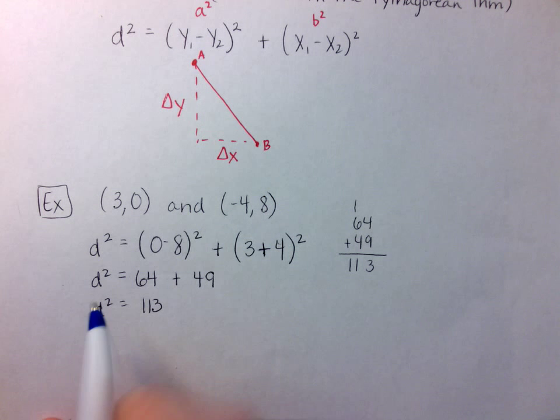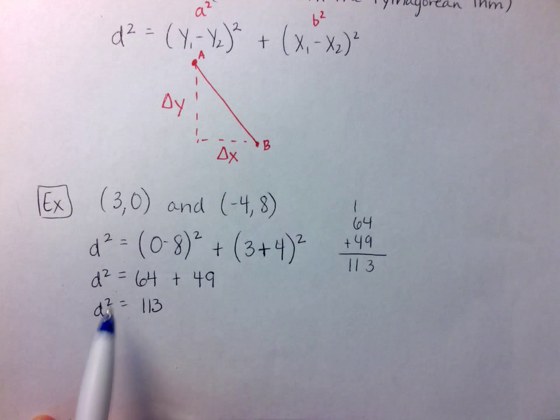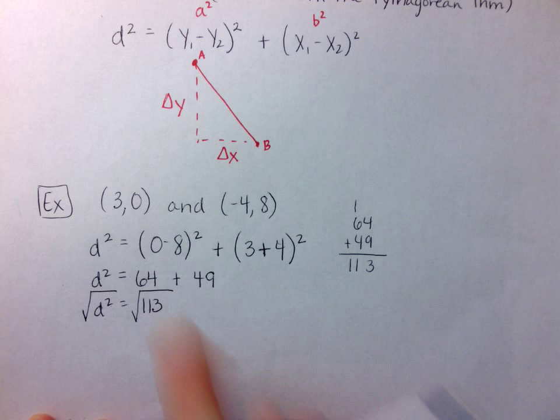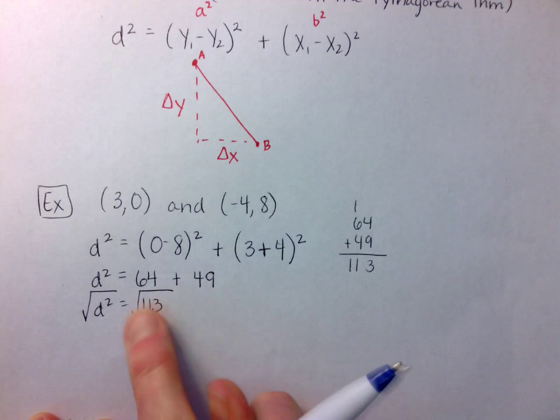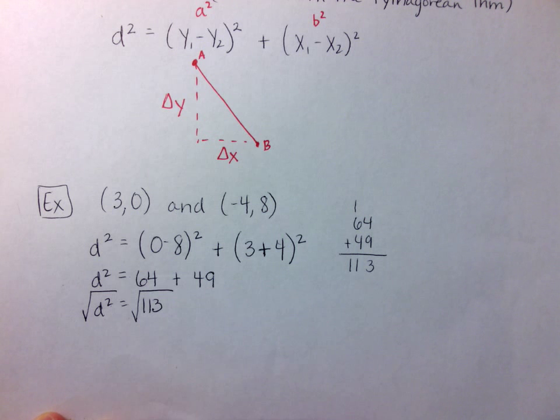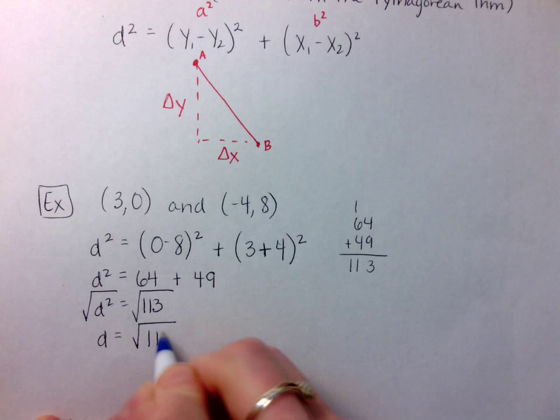A special thing about solving the distance formula is that we square root both sides to get rid of the squared. However, I am not going to put the plus or minus on this square root, because it's a distance and distance can't be negative. So I'm just going to say d equals the square root of 113.